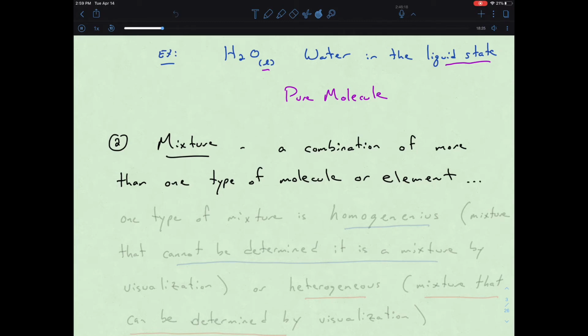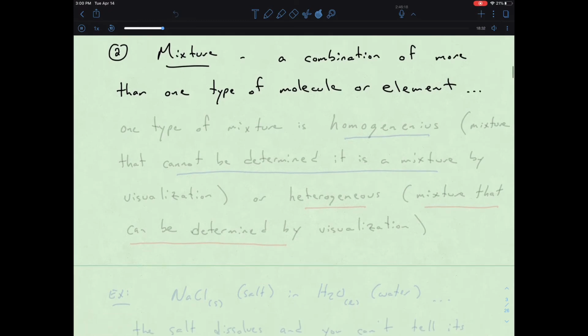Within this, there are two different distinctions within mixtures, just like we could have elements being pure or molecules being pure. We have two different types of mixtures that could occur. And so one type of mixture is homogeneous.